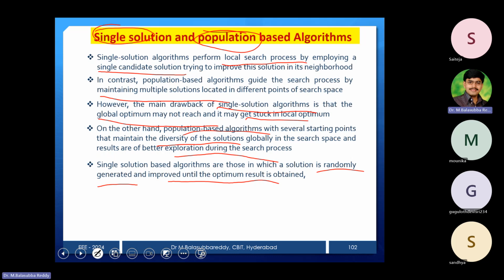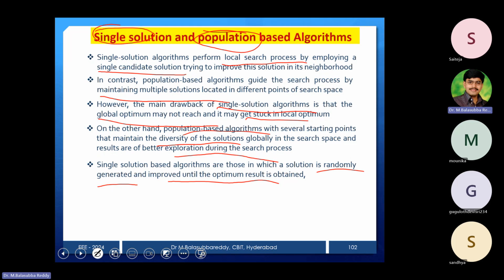We generate a random solution. Suppose I want to move some step, we go for it randomly. Then we check whether our step is in the correct direction or not. That is the kind of problem here.